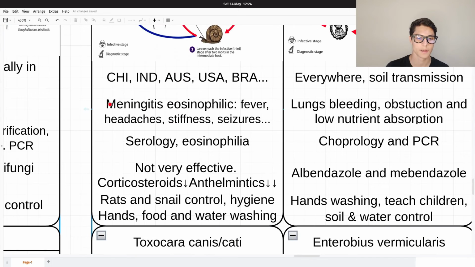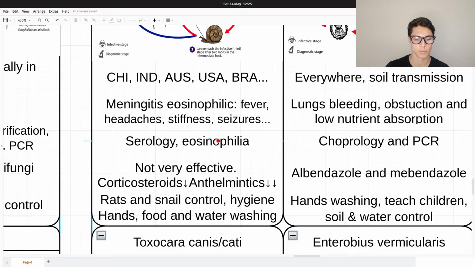They cause eosinophilic meningitis, and that includes fever, headaches, stiffness, and seizures, and then paralysis in Sam's case, for example. The diagnosis is through serology and eosinophilia, because the antibodies will be very high.